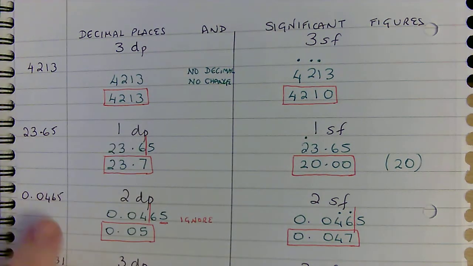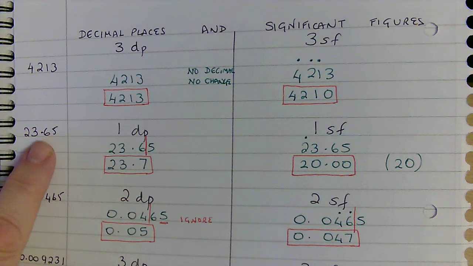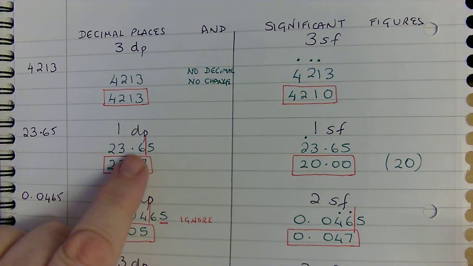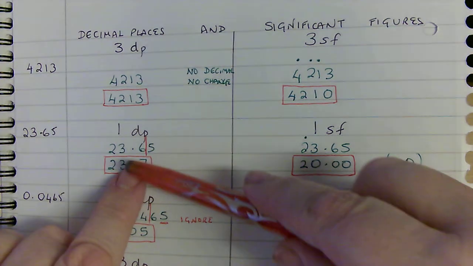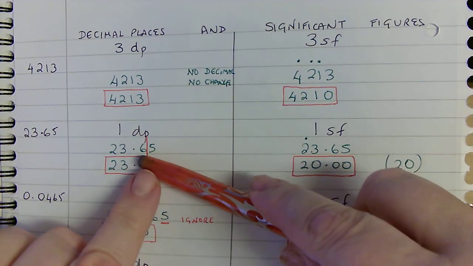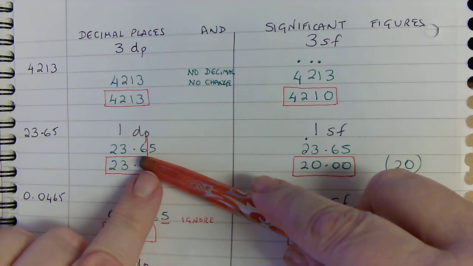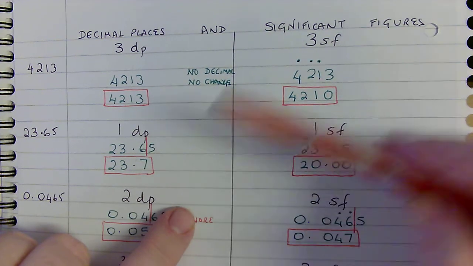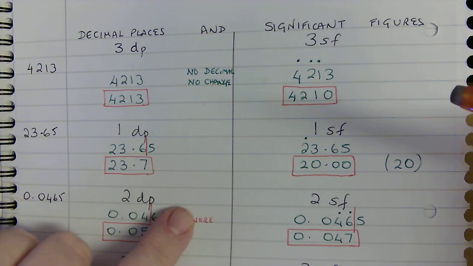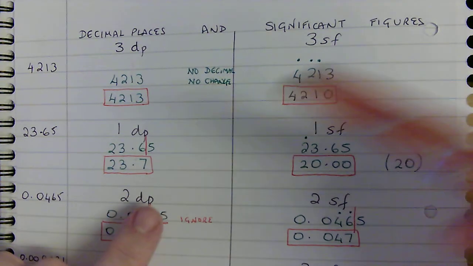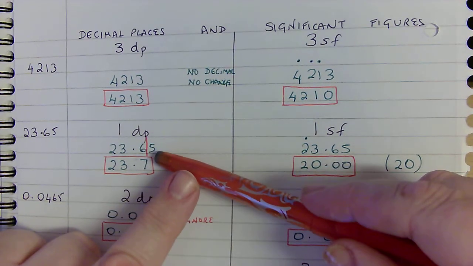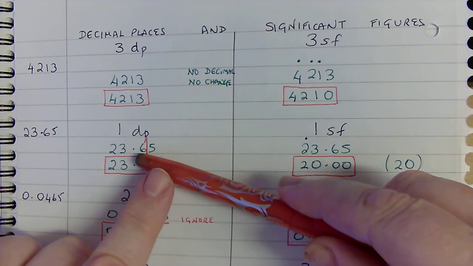Secondly, we're going to look at 23.65. Now, to 1 decimal place, decimal places are counted from after the decimal point. So the first decimal place here is the 6, and the red line shows you that that's the cut-off point. The question is then, does the next digit have any effect on the 6?